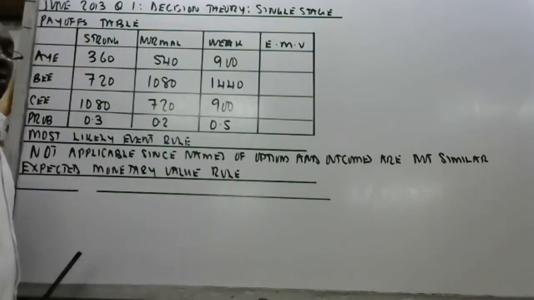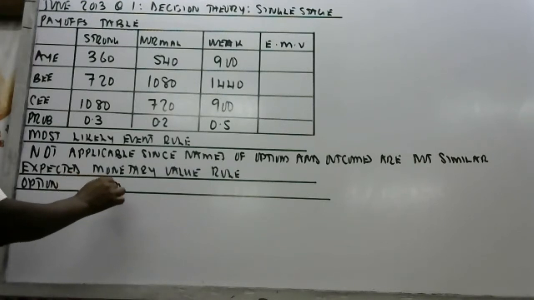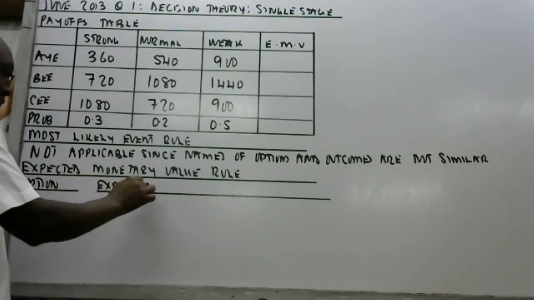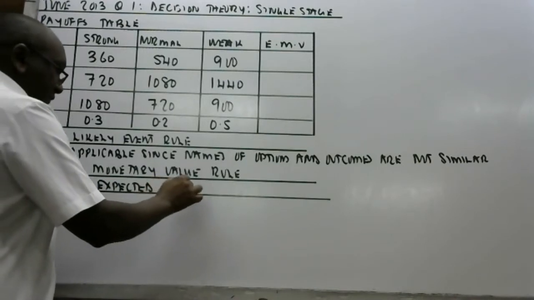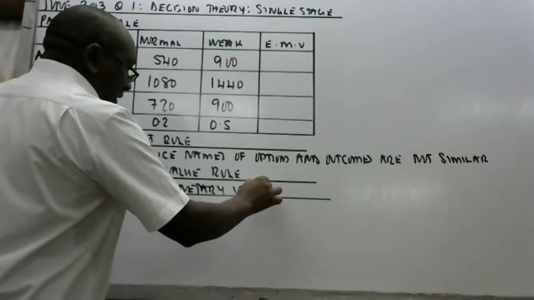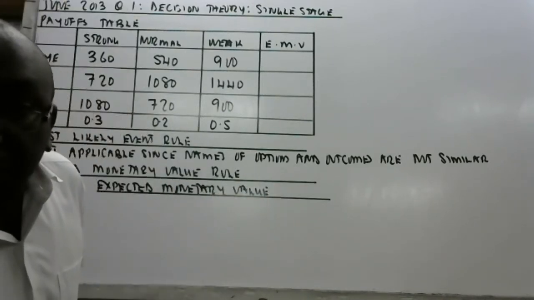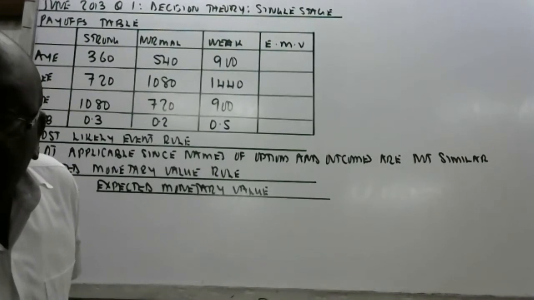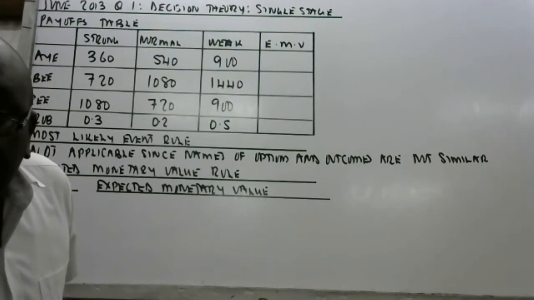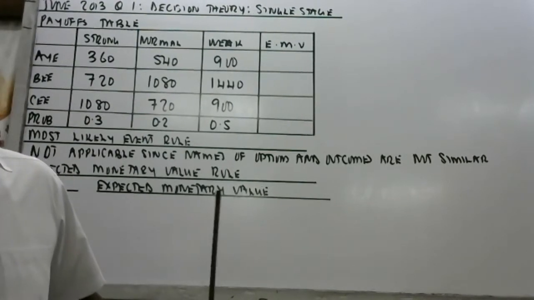So in using this, we have the option here, and then we compute the expected monetary value.